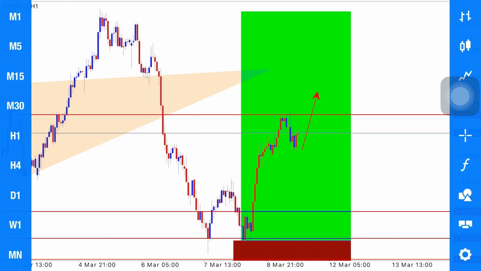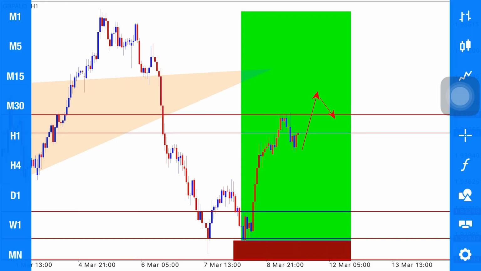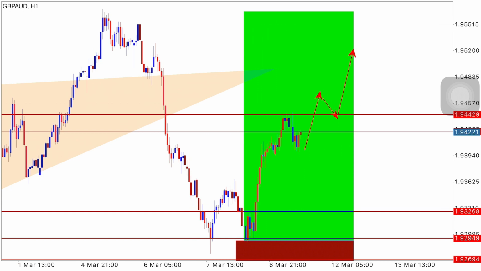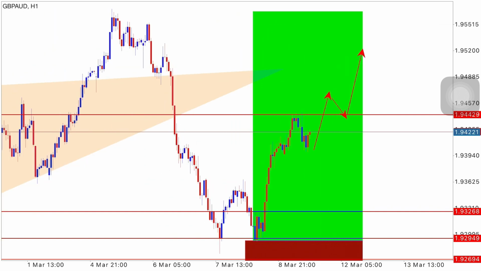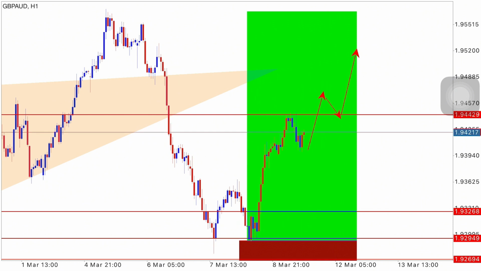But I'm looking for the market to break, retest this level, and continue back to the upside. So I'll take more time to reanalyze this one and send it as a signal to you guys. This is what I'm seeing on this currency pair, a beautiful confirmative trade.